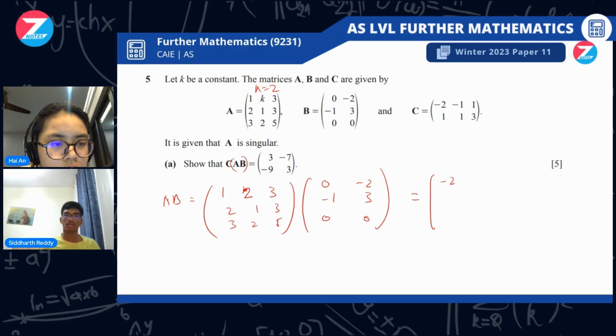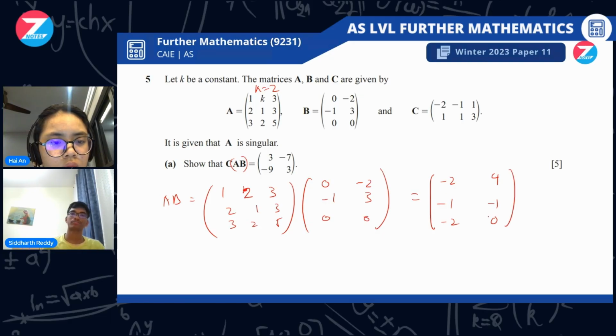And then the same thing for the other. So 1 times minus 2 plus 2 times 3 plus 3 times 0. Okay, so we got 4 for the top right. And similarly, just continue it out for all the remaining cells, and you get minus 1, minus 1, minus 2, and 0.